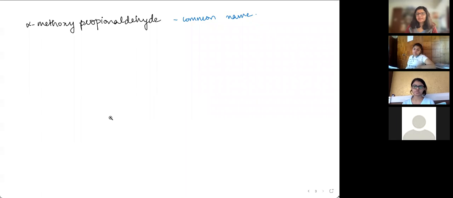So methyl नहीं है, methoxy है धृति. So अगर methoxy है तो what will the branch look like? It'll be OCH3.